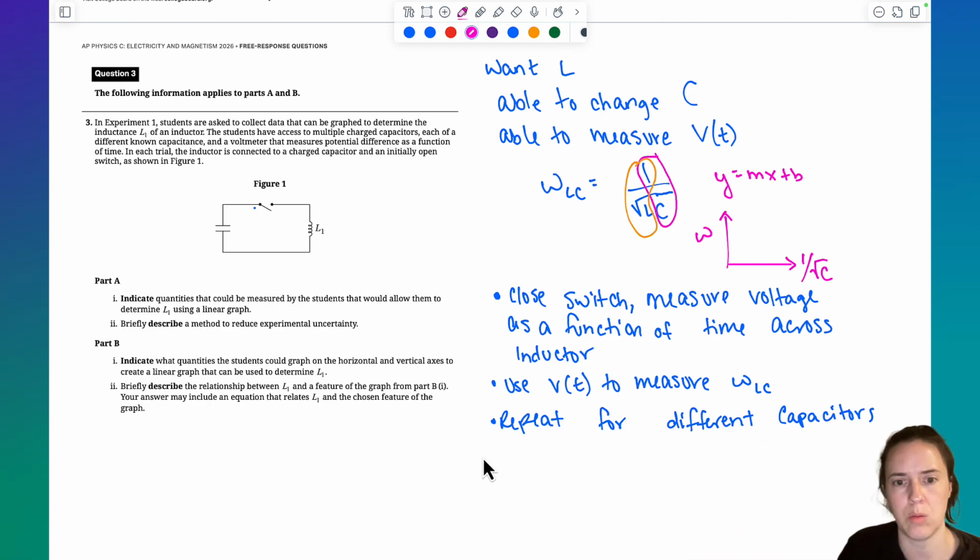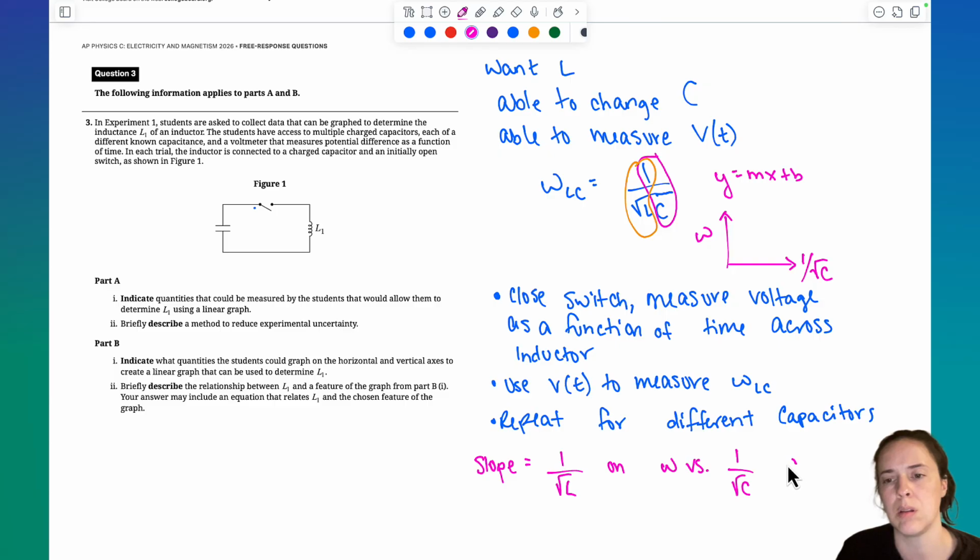Okay, so my slope is going to be 1 over root L on an omega versus 1 over root C graph. Cool. All right, the end. That's it for A and B. Nice.